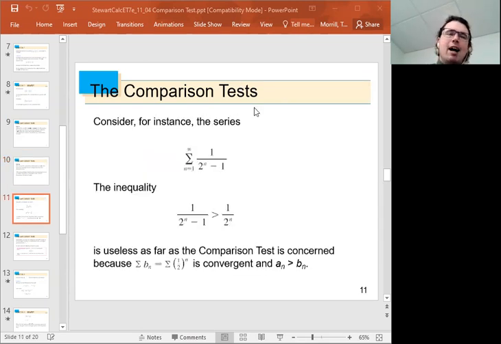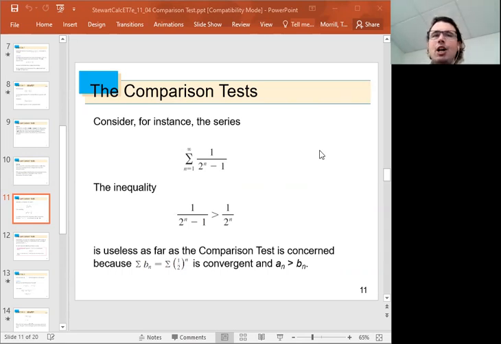Let's say I've got this series, 1 divided by quantity 2 to the power n less 1. Then I know that each of these fractions is greater than 1 over 2 to the power n.